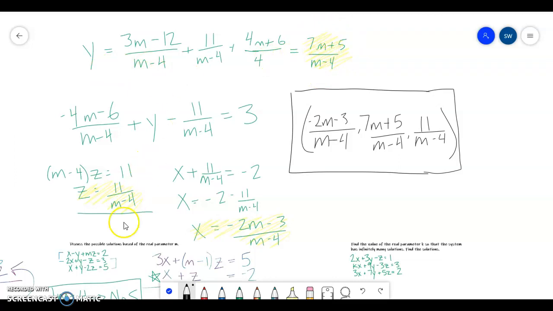But let's circle all the way back to what the heck this means. It's so easy when you're doing questions like this. It's like, what am I even doing? So this was our answers for x, y, and z written as a point.